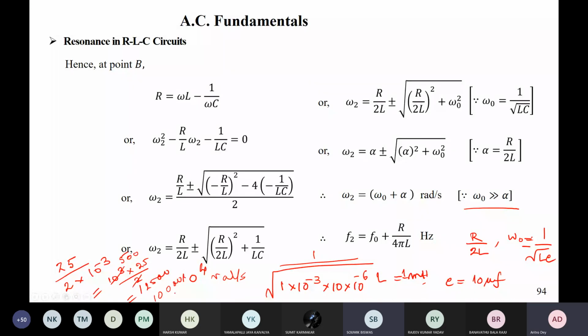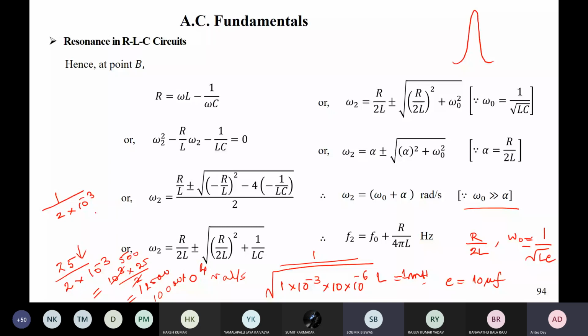In some situations, when you take parameters, when resistance is going very low, in some cases where you have a very small resistance, when we want a very selective circuit like this, we take our resistance to be low. So here, instead of that, if we take this resistance to be 1 ohm, then what will happen? That divided by 2 into 10 to the power minus 3, so you get 500.